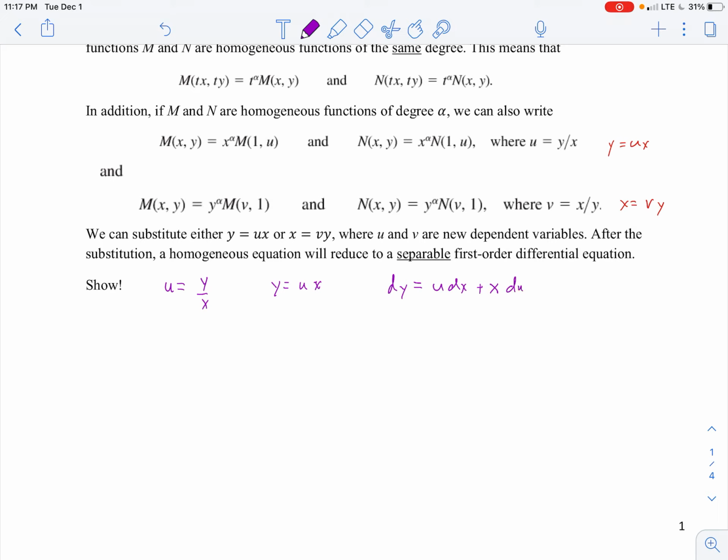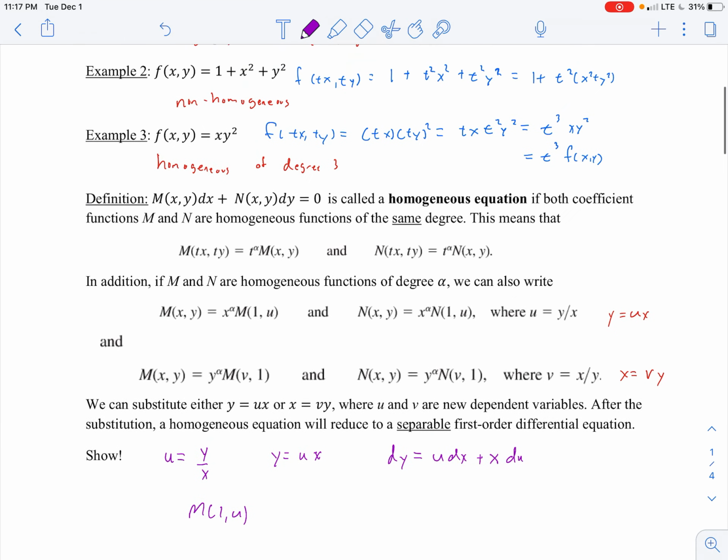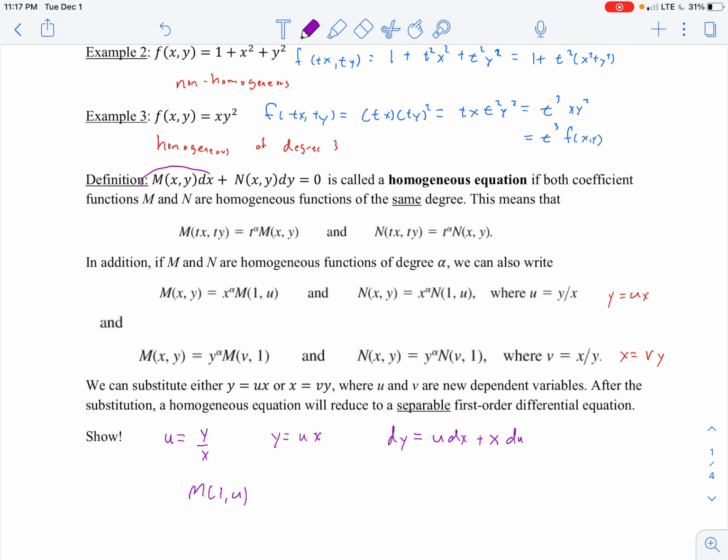So say we're going to stick with this first one. If we're sticking with the first one, then M and N are going to change. M is just going to be M of 1, u, and we're replacing M with this part right there.